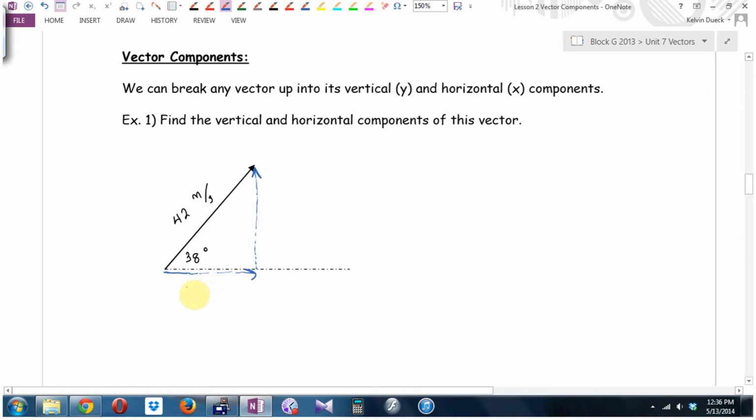And we call this Vx. X for horizontal, V for velocity because it's meters per second. And we would call this V what? Vy, because I asked you to.